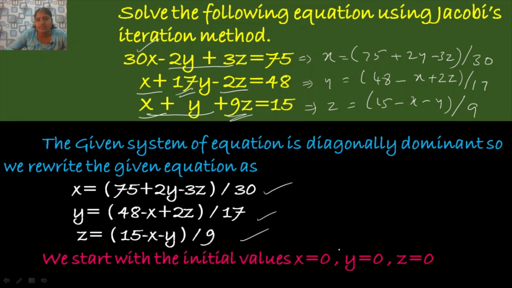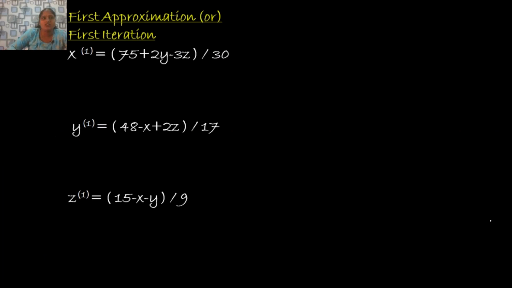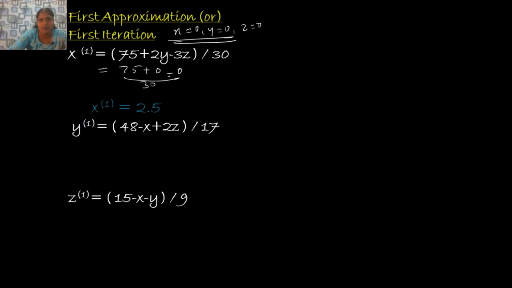So let me start with the initial values, x equal to 0, y equal to 0 and z equal to 0. Now in the first iteration, our first approximation, we take the values of x, y and z, all of them 0. For x, 75 plus 2y, which is 0, minus 3z, which is 0, and you divide this by 30, you get the value of x is 2.5.